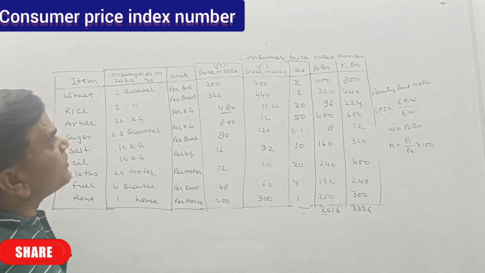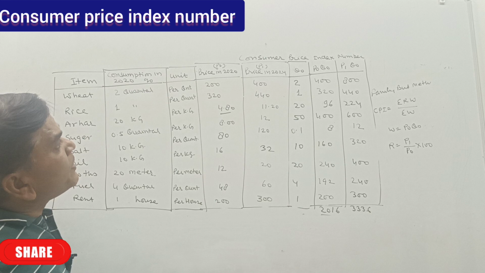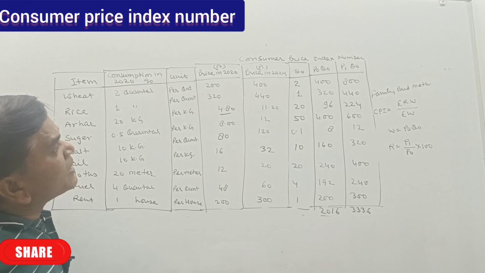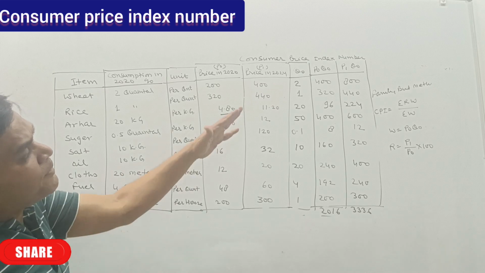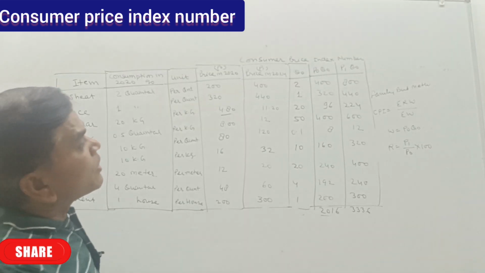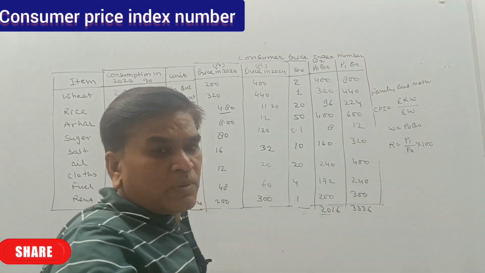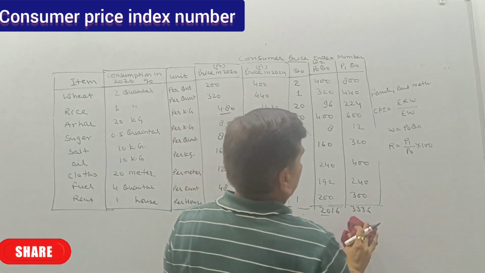First we want P0, P1, Q0, Q1. With the help of this question we have these, because this is W. Now we will calculate.